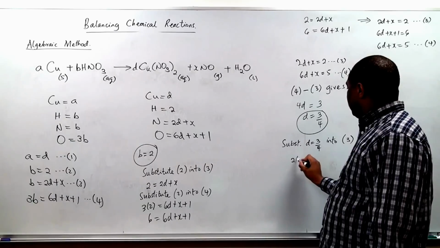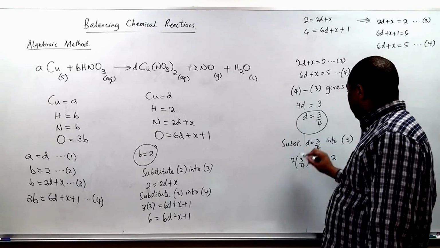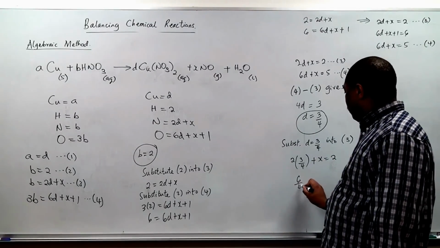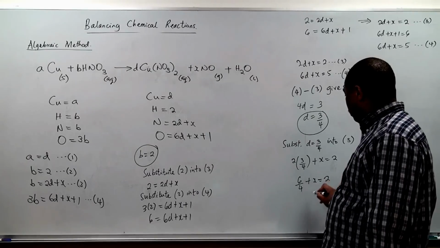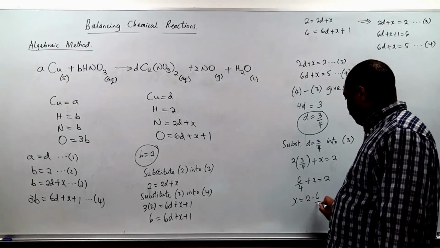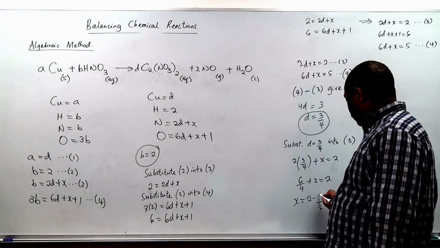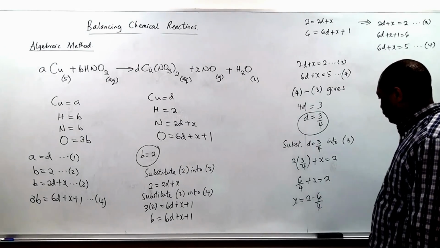So we have that 2 times 3 over 4 plus X is equal to 2. So this is 6 over 4 plus X is equal to 2. Move this over here. So X will be 2 minus 6 over 4.